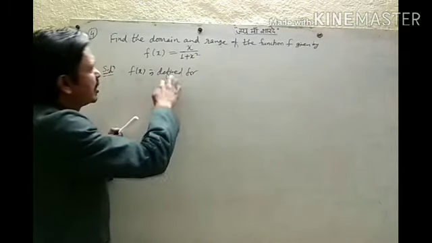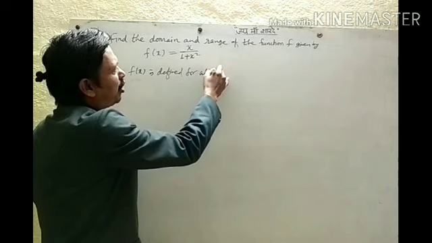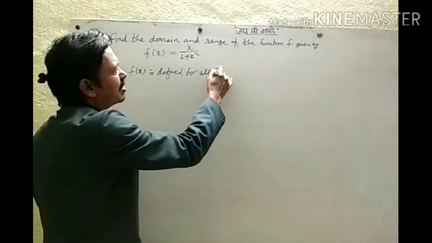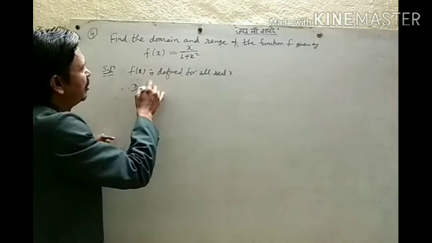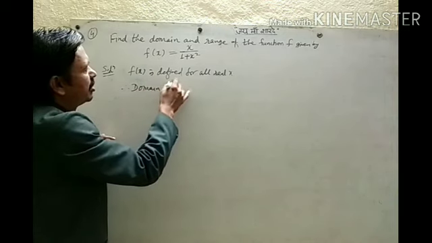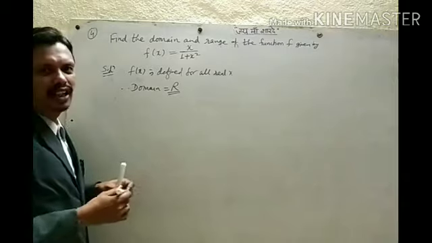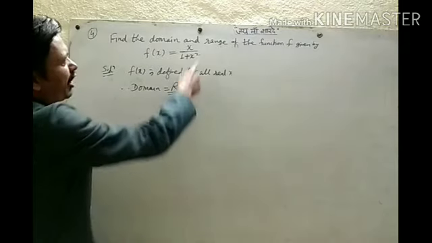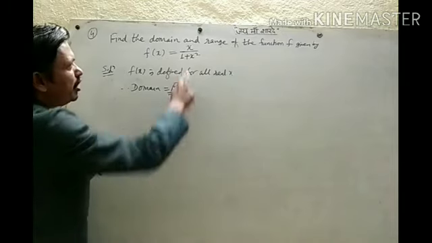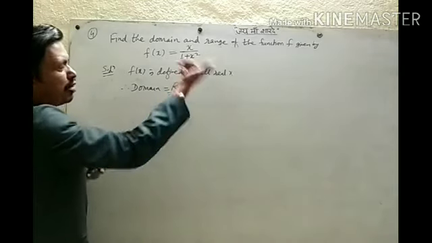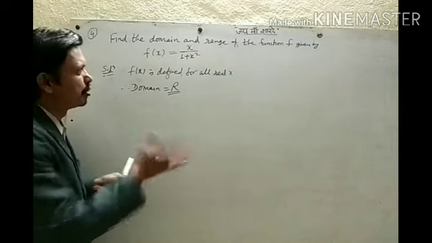So f(x) is defined for all real x. It means your domain is the set of real numbers, where it is defined for every x. It cannot be 0 for any x, because 1 plus a non-negative value will give you positive only.